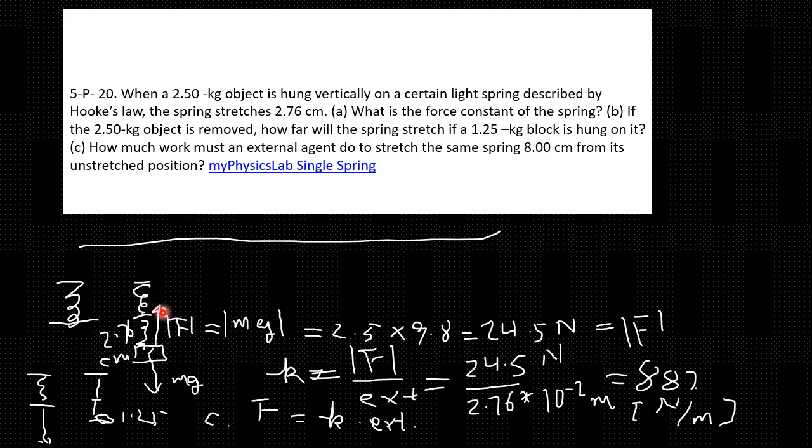The reason that the object is not accelerating either way is that these two forces, gravity and spring, are balanced. So the gravitational force and the spring force have the same magnitude. I put the magnitude, the absolute value, but they are in opposite directions, so they cancel out. The two vectors cancel out.